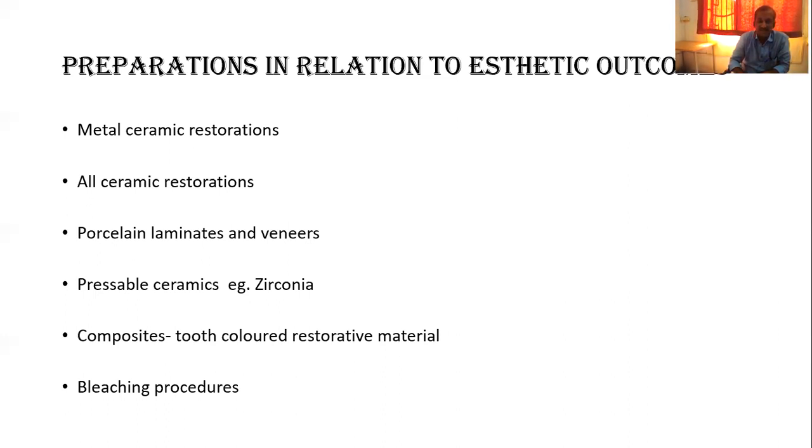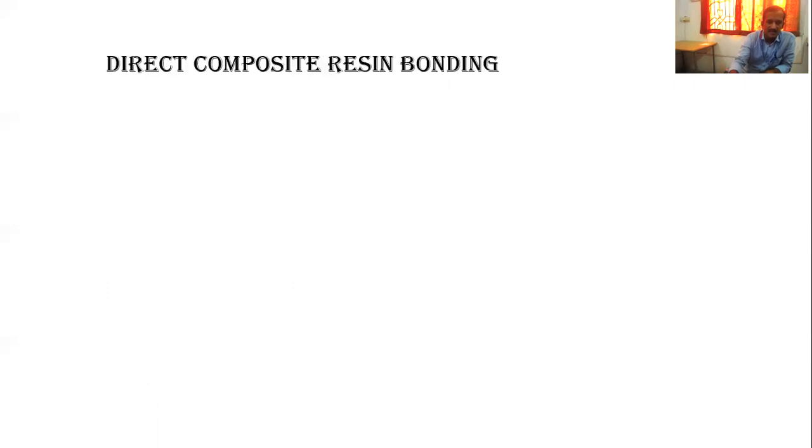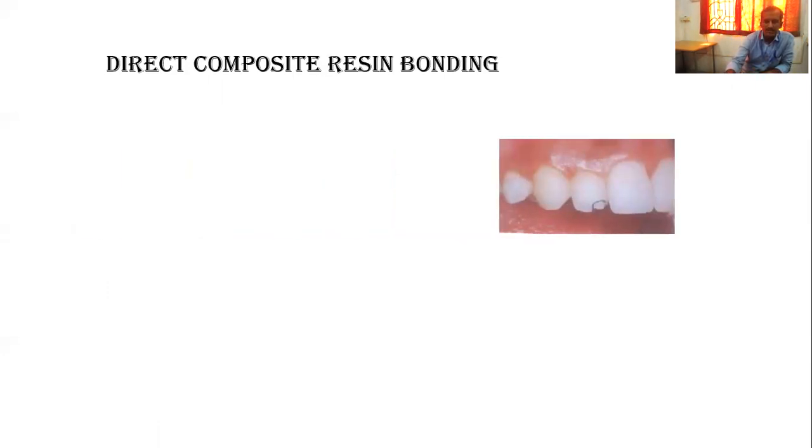It can be corrected through simple metal ceramic restorations, or replaced with a ceramic restoration, or simply restored with a composite, or changed by bleaching to get a proper hue and chroma.